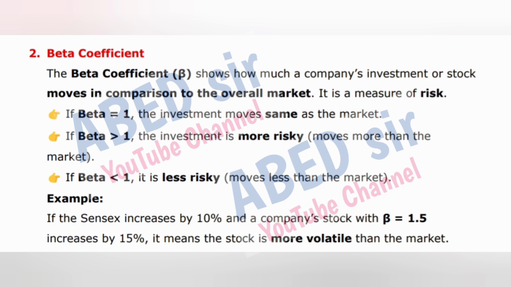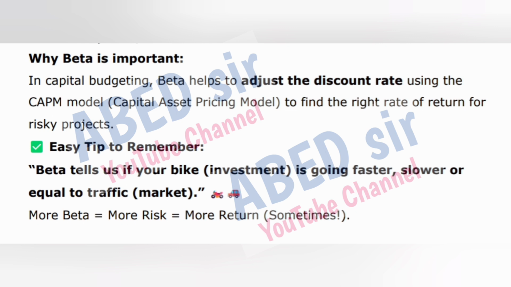Example: if the Sensex increases by 10% and a company's stock with beta equal to 1.5 increases by 15%, it means the stock is more volatile than the market. Why beta is important?